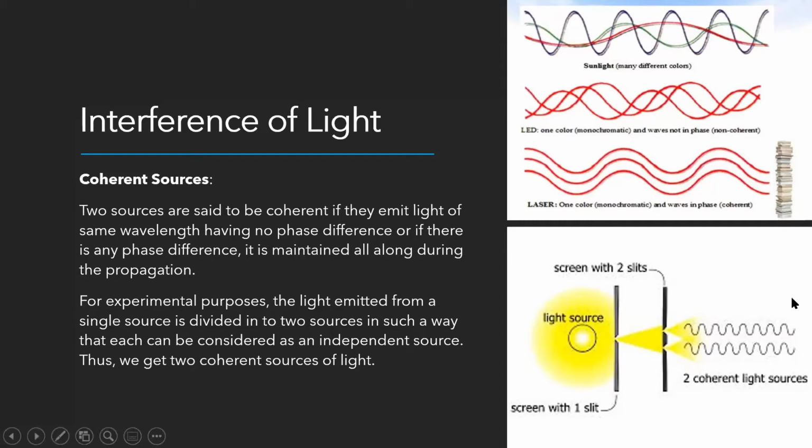So these are not independent sources. Actually, they come from the same source of light. So the light rays coming from them will be of the same wavelength and they will have the same phase, or there will be no phase difference. So this is the way for experimental purpose we create two coherent sources of light. Is this clear to you?